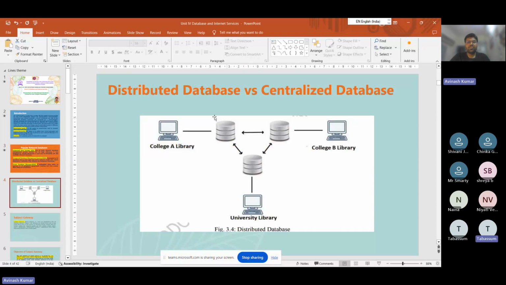So this is the distributed database. And this is not an example of a centralized database. Centralized database means there is only a headquarters, and that headquarters does not distribute to any other organization. Only the headquarters has permission for this data.